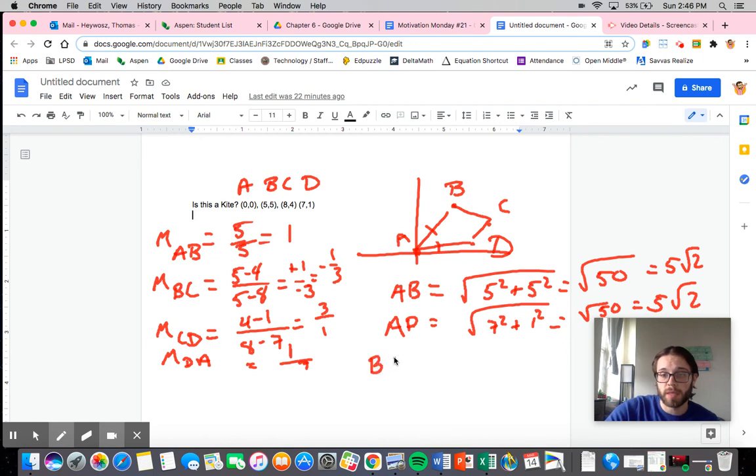So CD: square root, change in x is going to be 8 minus 7 squared, plus 4 minus 1 squared.